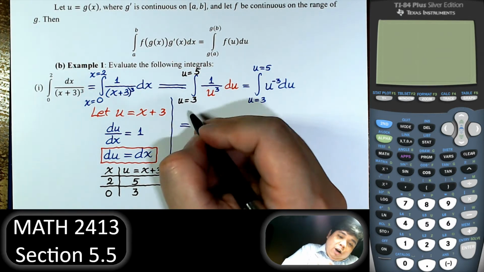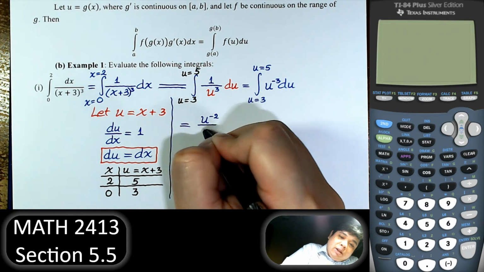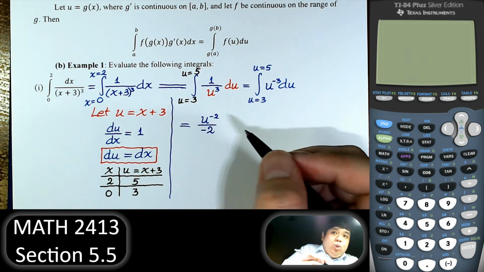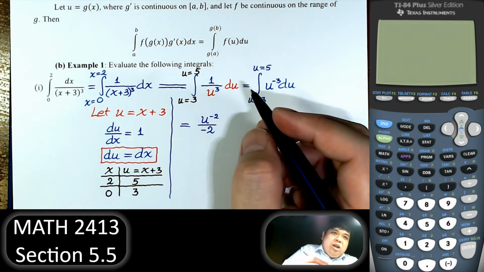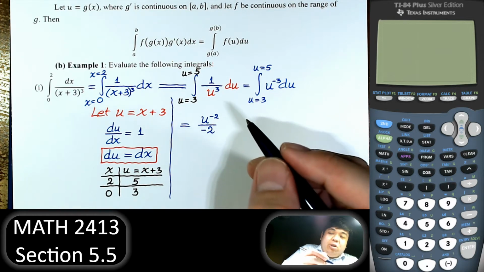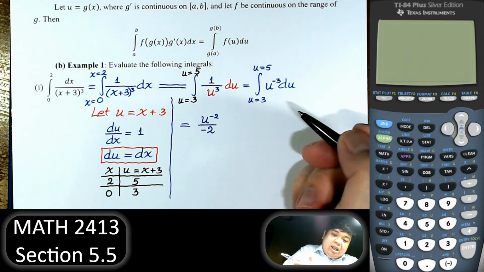Increase the power by 1, -3 plus 1 is -2, divide by the same thing. And we do not do the plus constant, right? We let the constant equal to 0. This is in section 5.3, the fundamental theorem of calculus. We just integrate, let the constant equal to 0, so we don't need C here.